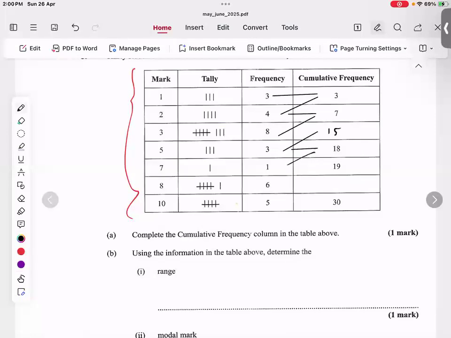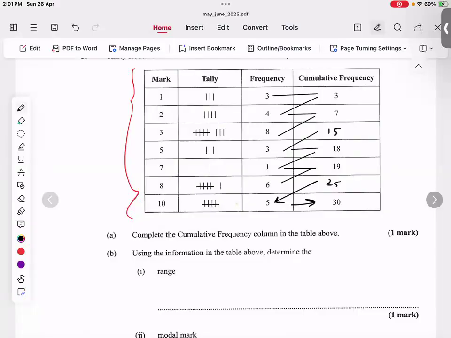And we add 18 to 1 to get what? 19. We add 19 to 6 to get what? 25. And then 25 plus 5 is going to give us 30. So make sure you guys are familiar with how to calculate the cumulative frequency from a table.